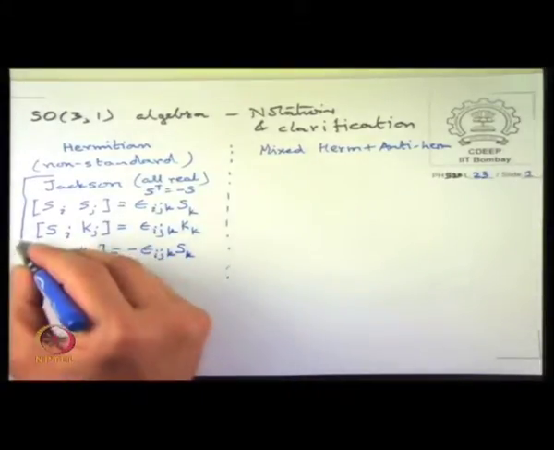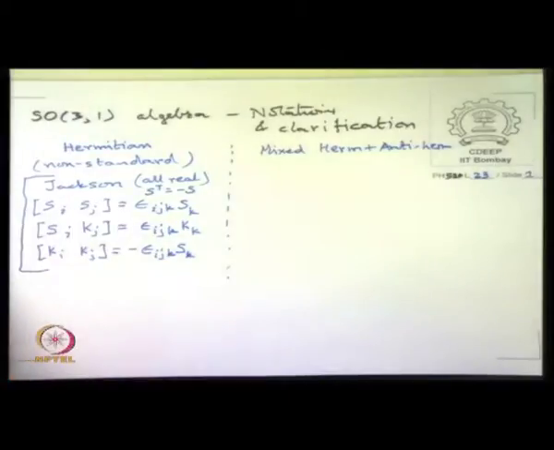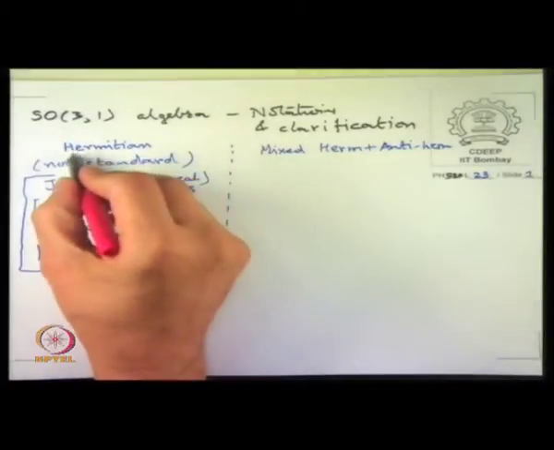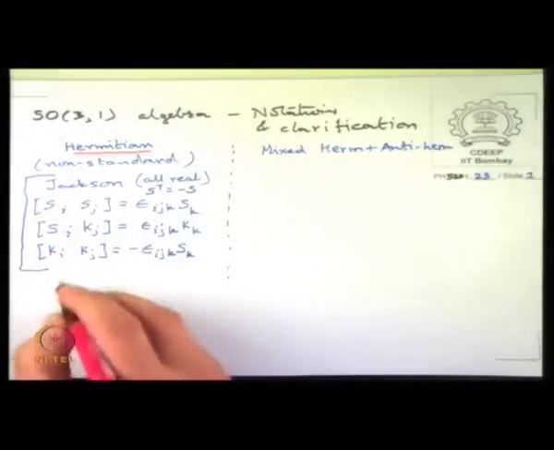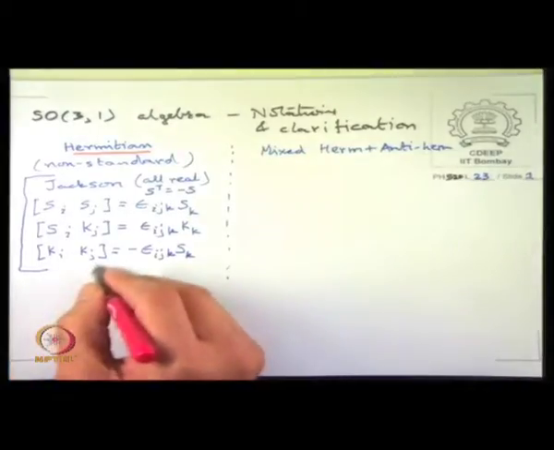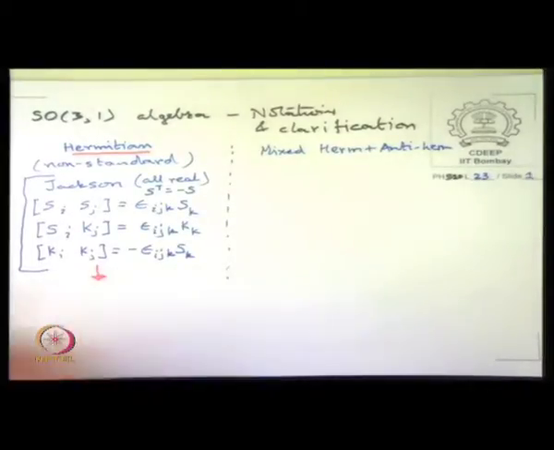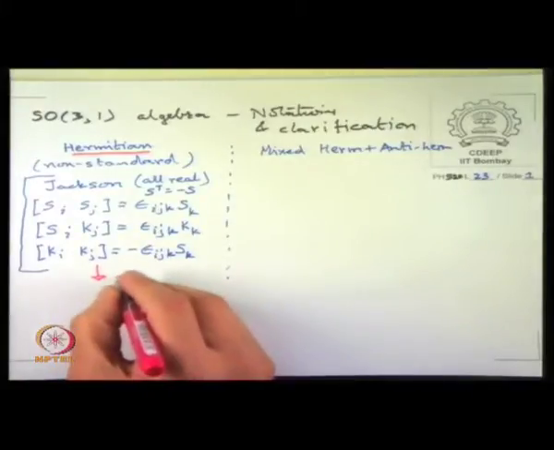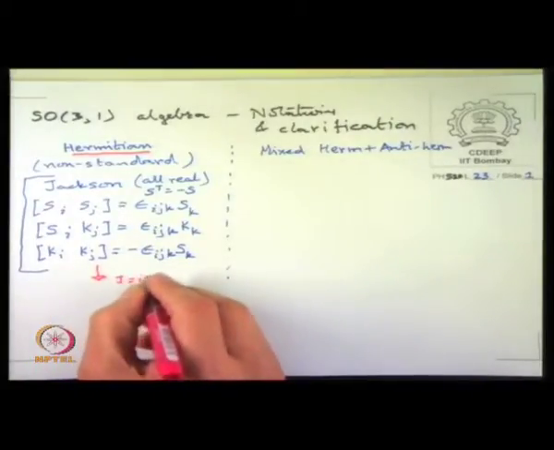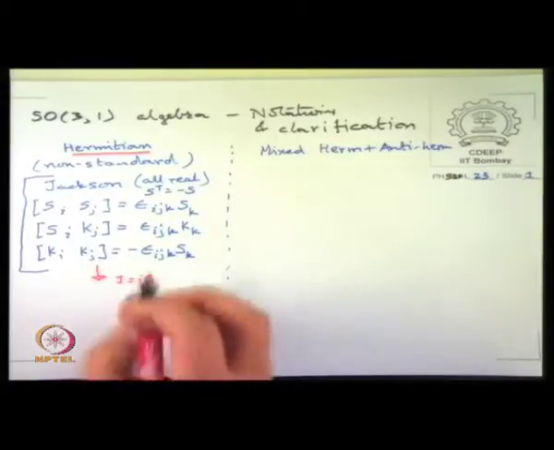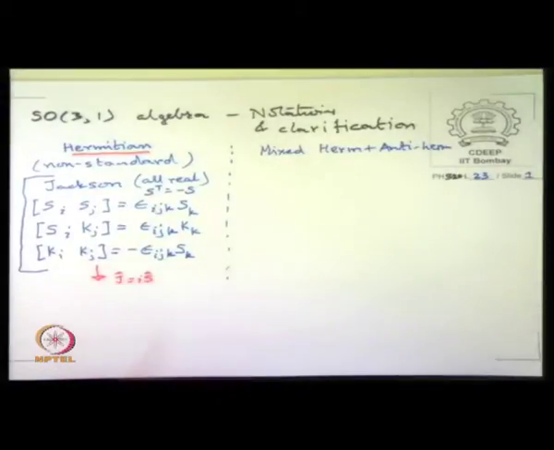Now to recover our notation from this, which was Hermitian, we need to do the following. We defined J to be equal to I times S. This makes everything Hermitian because the K's are symmetric.